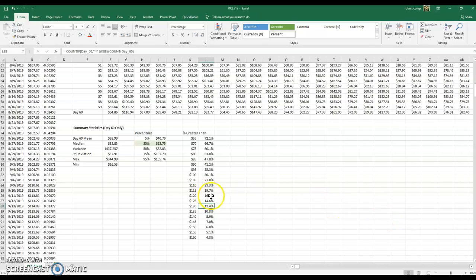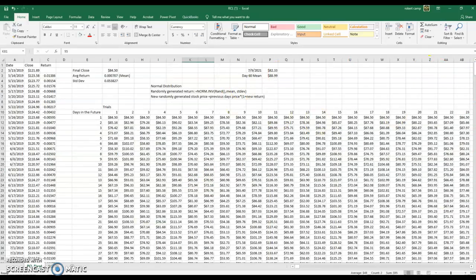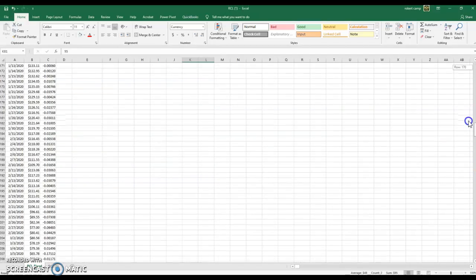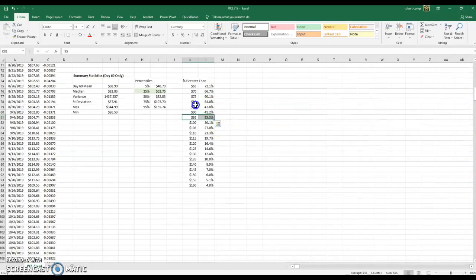So what is, once again, interpretation? Let's take $95. In fact, let's not take $95. Let's take what the real price was. The real price was at $82. So we'll take the $85 out there. We'll talk about this one here. So what does this interpretation mean?